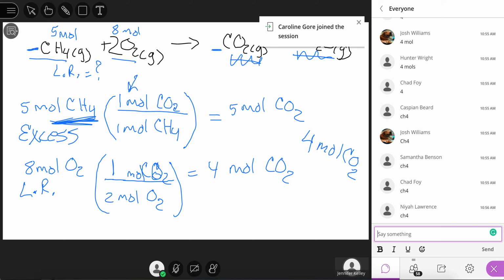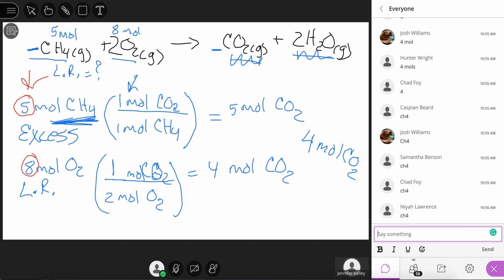There's one important thing to note: we started off with what looks like less methane and what looks like more oxygen. But you can't just go by the fact that we have 5 of one and 8 of the other to decide, without any math, which one is the limiting reactant. You have to do the math, because in this case, the one that had 8 moles was the limiting reactant, as opposed to the one that has fewer moles to start with producing more carbon dioxide.